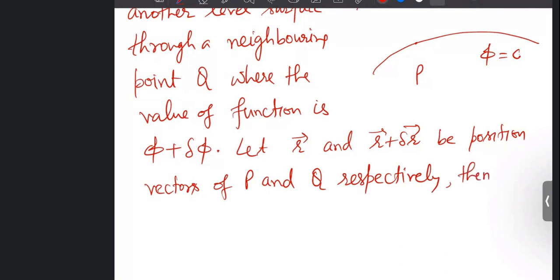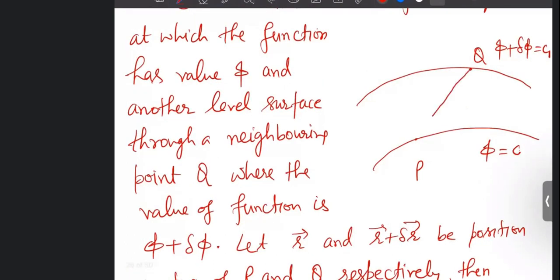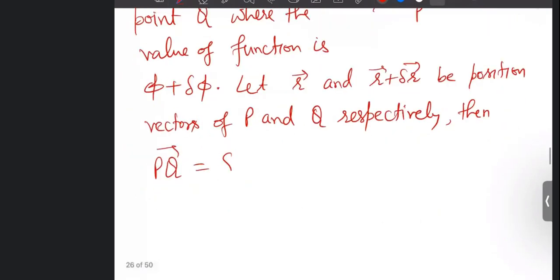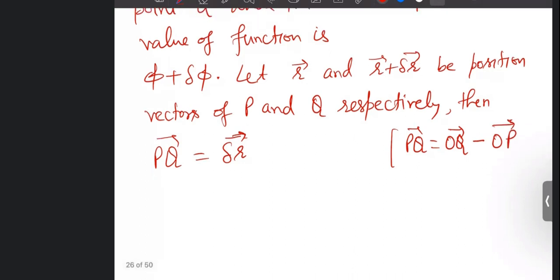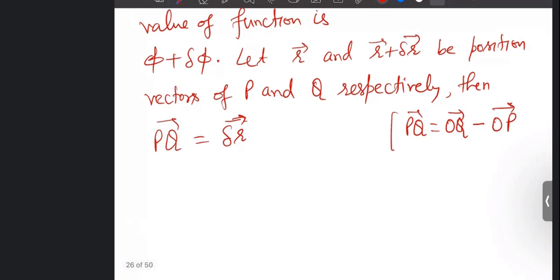Then the vector PQ will become delta r. We have already considered that the vector PQ is equal to the vector OQ minus OP, that means position vector of Q minus position vector of P. That is r plus delta r minus r, that is delta r. So vector PQ will be delta r.